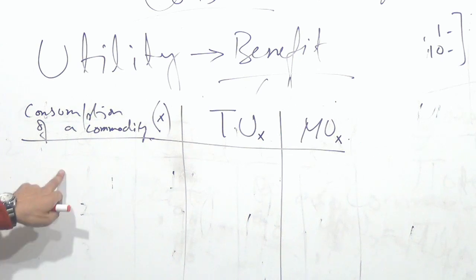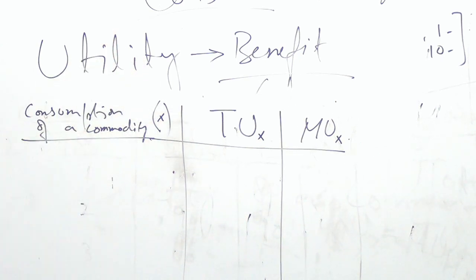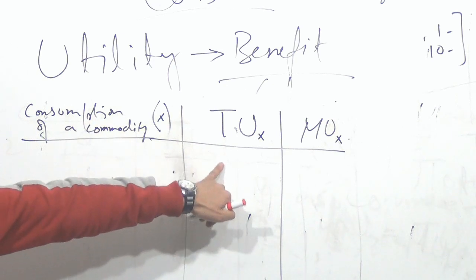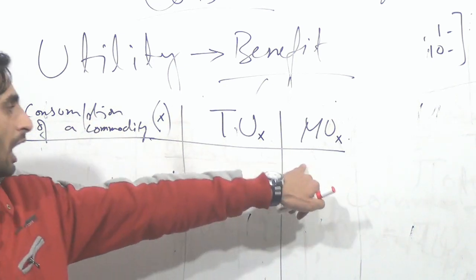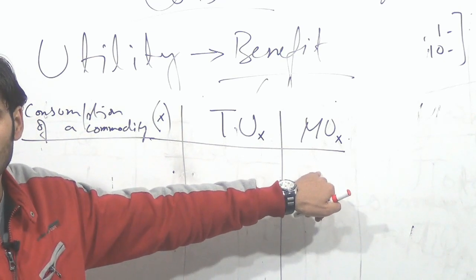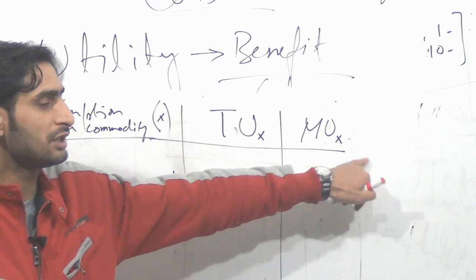The concept here is how I am consuming successive units of a particular commodity, apple, tea, water, banana, anything, and how my total utility is increasing and how every successive unit is giving me the addition of a particular want, addition in my satisfaction.